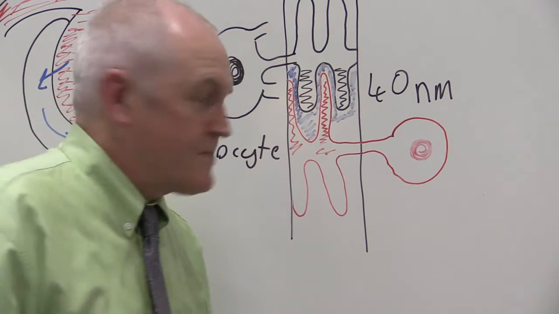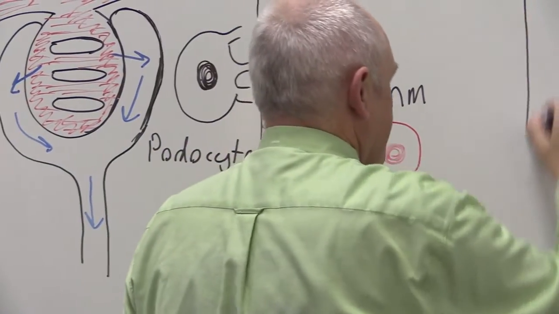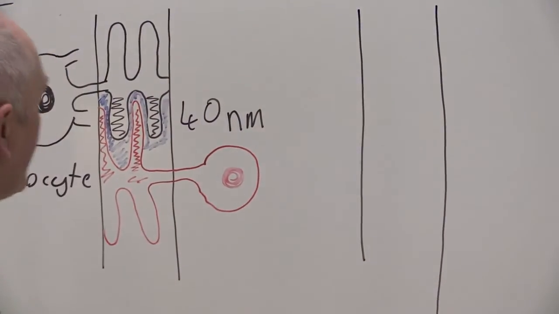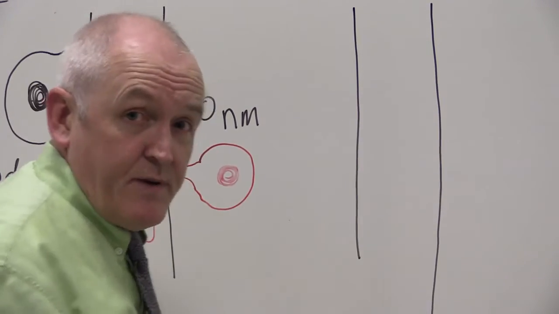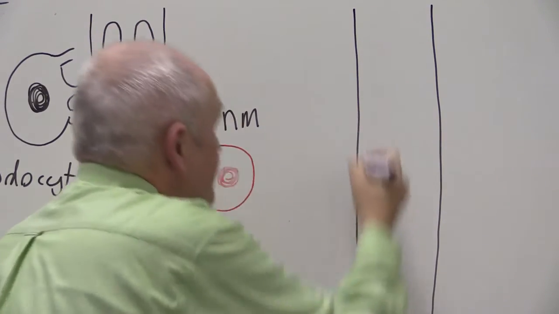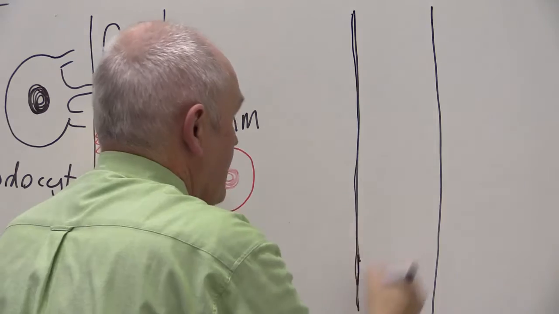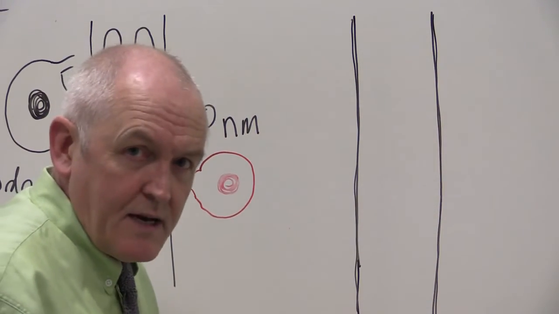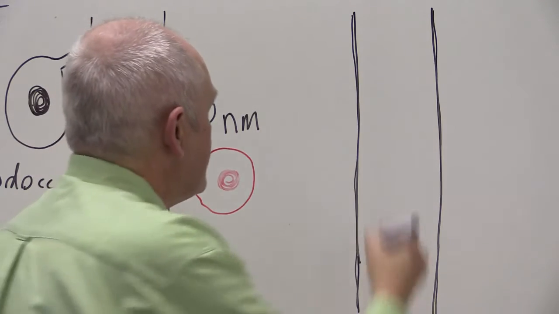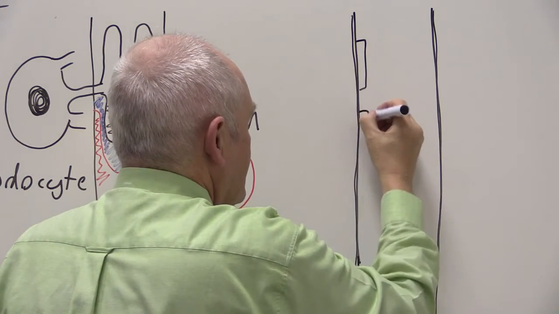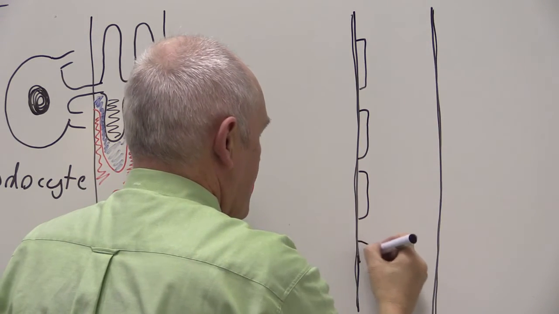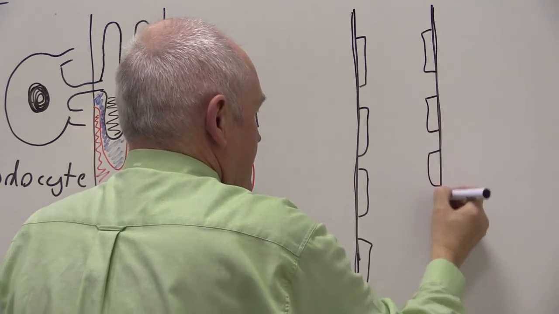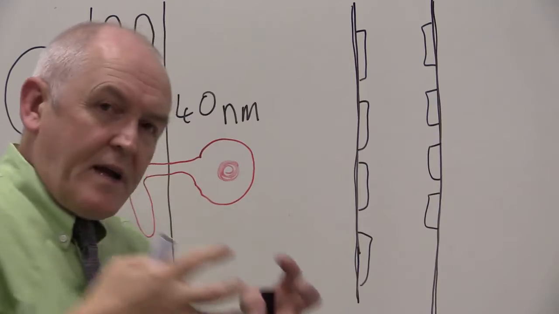And maybe just one more diagram to explain this. Again, we've got the glomerular capillary, and now we're looking at a cross section of the capillary, and this will be the basement membrane here of the capillary of the glomerulus, and the vascular endothelial cells inside are almost finger-like.